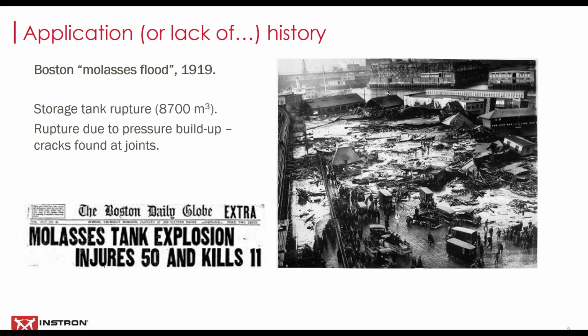And you can see in the illustration here, this is a very large area destroyed by this huge volume of liquid. And temperature changes in the contents of this vessel caused a pressure buildup, and it caused it to rupture due to poor material or damage or crack development at the joints. Certainly that's the assessment.